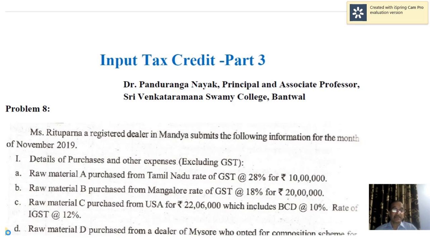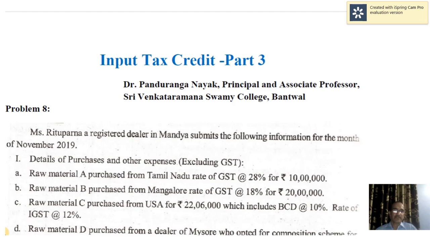Similarly, SGST input tax credit should be used towards the payment of output tax of SGST. If there is any surplus, that should be utilized towards payment of IGST. It cannot be used against or towards CGST.